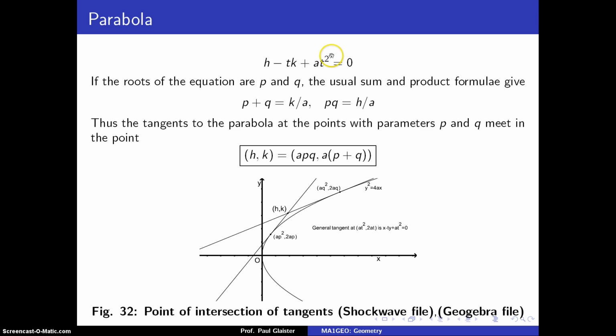Similarly, the product of the roots, which we're assuming are p and q, will be the constant term divided by the coefficient of t squared, so h over a.